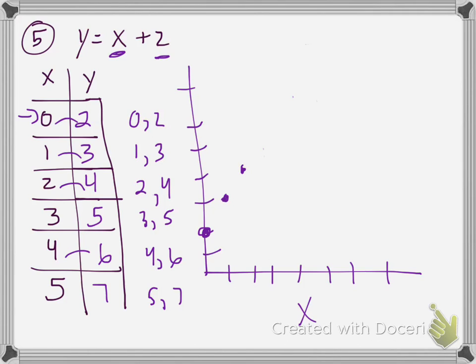Will be here. And then x is 3 and y is 5. That would be about here. And then x is 4, y is 6, would be here. And then x is 5 and y is 7, that would be about here.